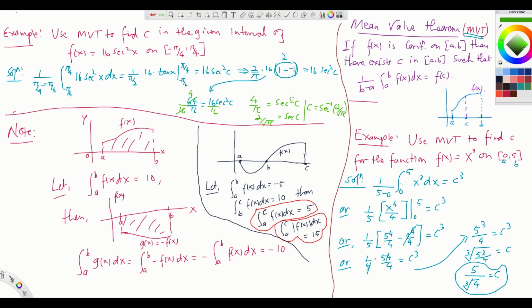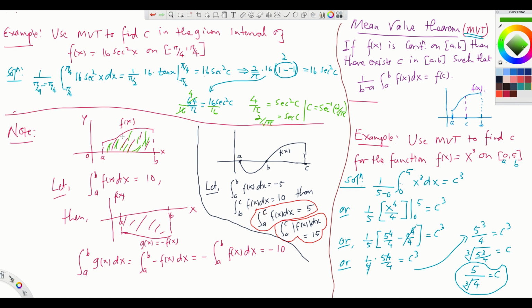Okay, so let me talk about some of the notes on the definite integral and the area. So this function f of x, this is the shaded region, right? How to find the integral of f of x over the x-axis between a and b: the integral from a to b of f of x dx.